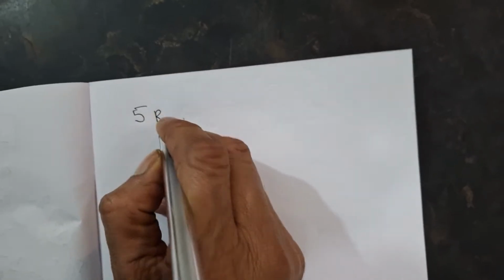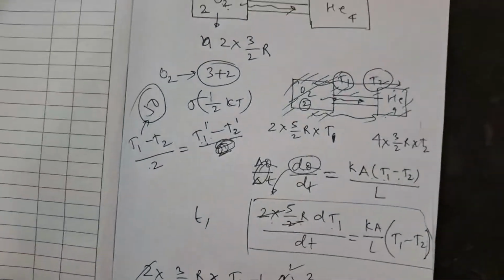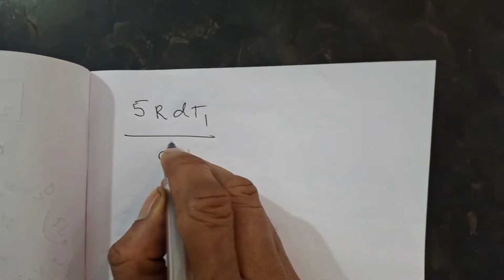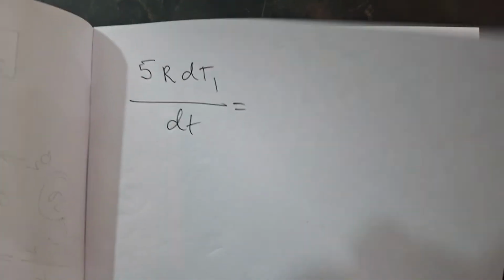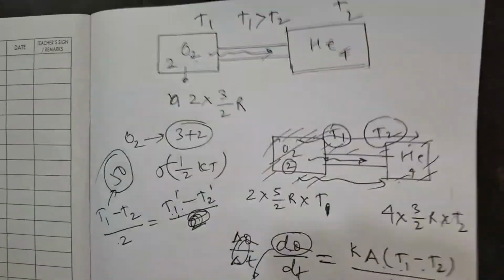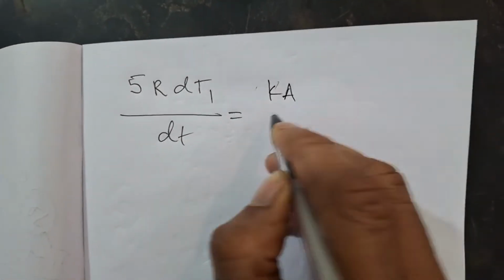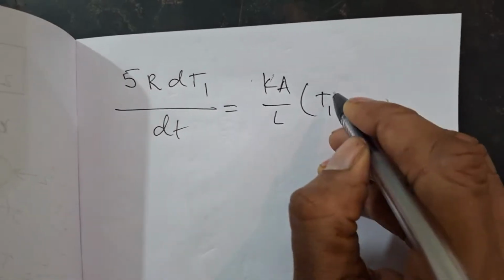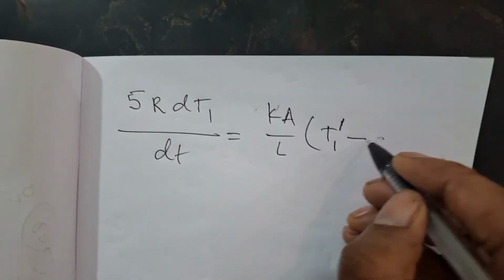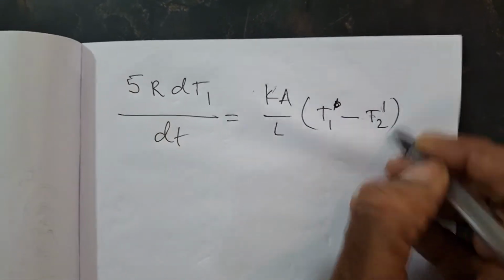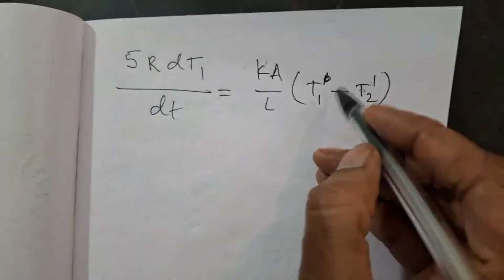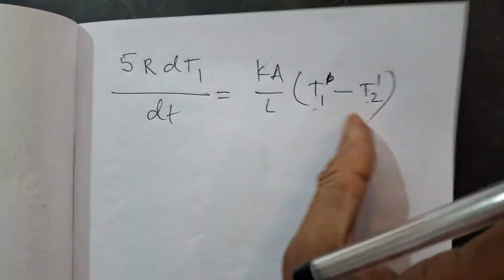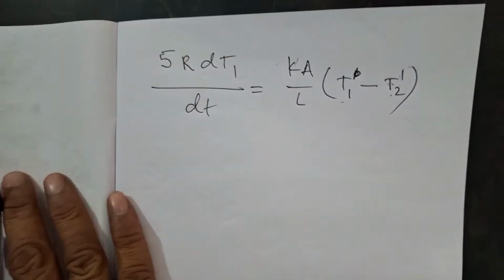You get here 5R dT divided by time equals KA by L, T1 prime minus T2 prime. See, now here are 2 variables. Please convert into a single variable. It is easy. Now solve for evaluating time.